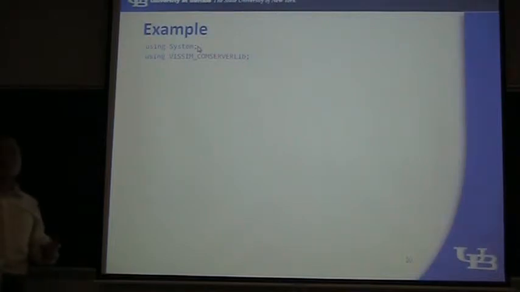System is a namespace which contains a lot of classes in C#. Or rather, it's the .NET framework, a library containing a lot of things you can use. So you manually add this using VSIM COM server lib. Then you can use all the things that are provided by the VSIM COM interface.